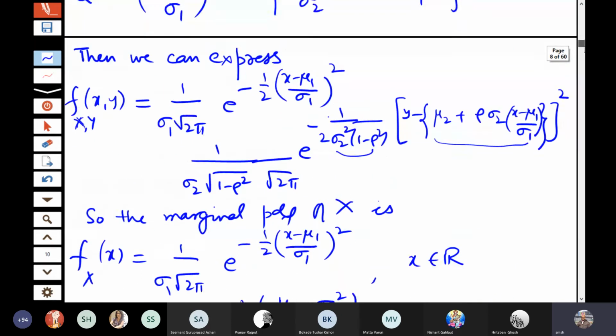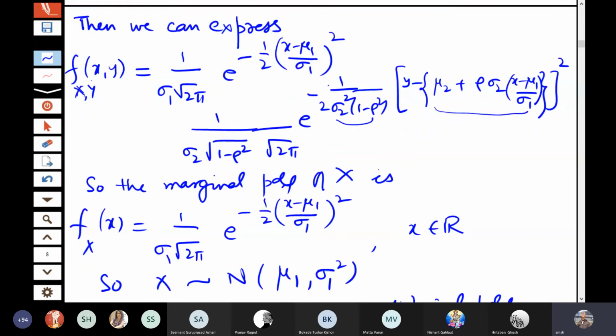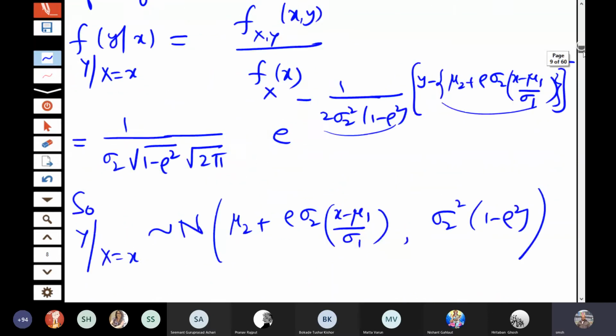So this particular term that I wrote, that is the joint density of xy, split into two parts, I can again do the same thing.